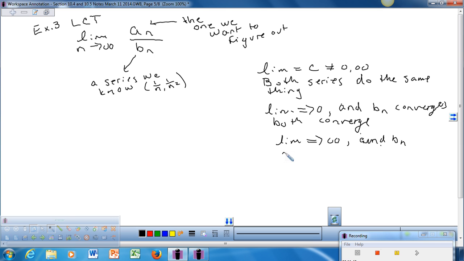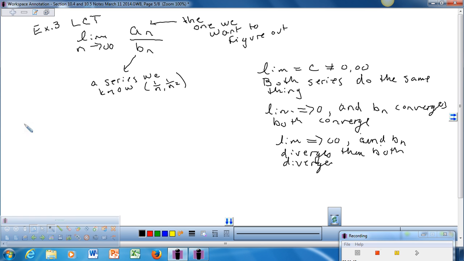Then they both diverge. All right, sounds like a lot of information, but as you work with this, it becomes very easy to deal with. So let me show you an example to start.